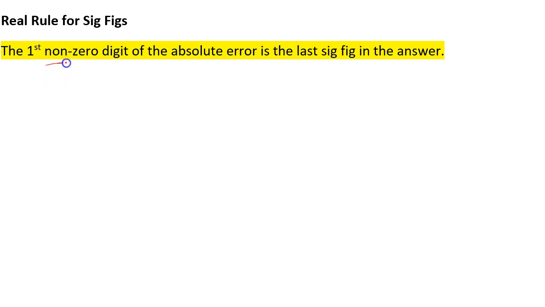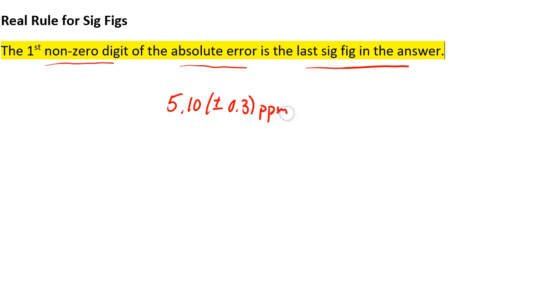The first non-zero digit of the absolute error is the last sig fig in the answer. So when we got that erroneous or absurd result of 5.10 plus or minus 0.3 ppm, we really need to use the real rule, which would tell us that the first non-zero digit in the absolute error is the last sig fig in the answer.